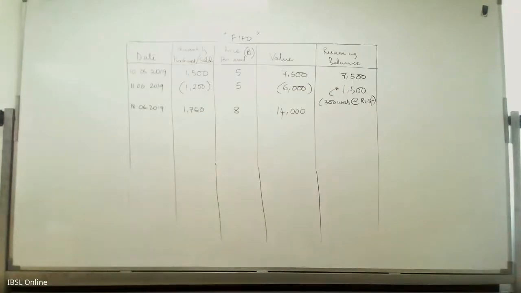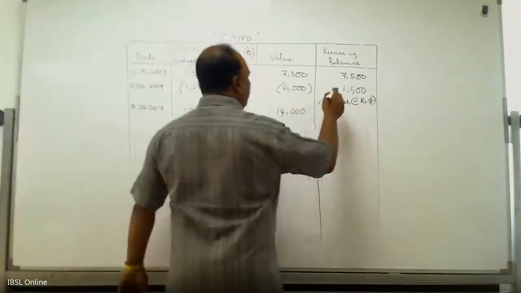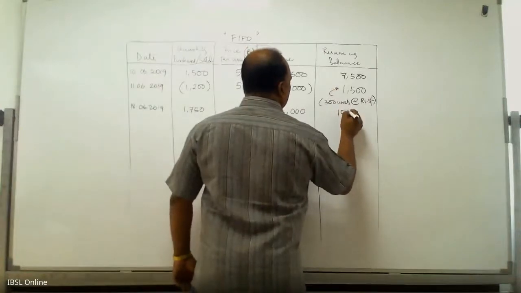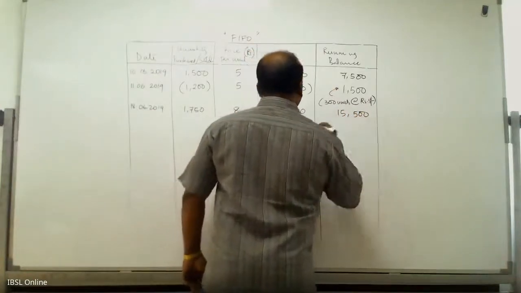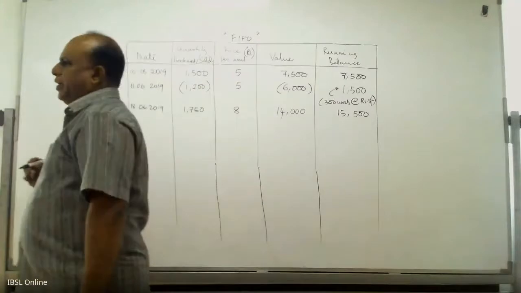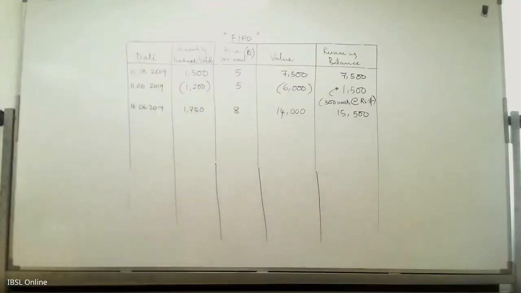So this 14,000 plus 1,500 becomes 15,500. So the closing balance as of 18 June will be 15,500.